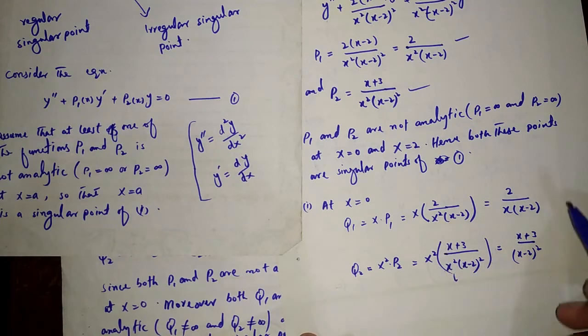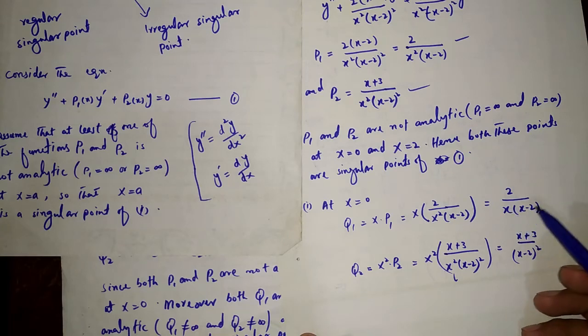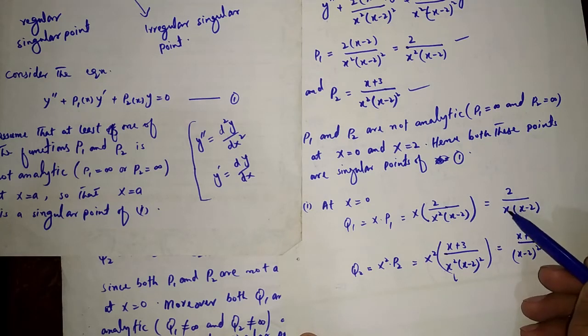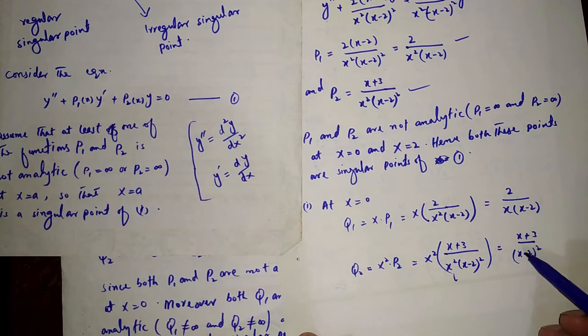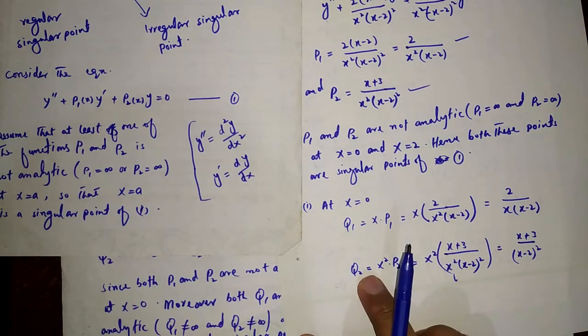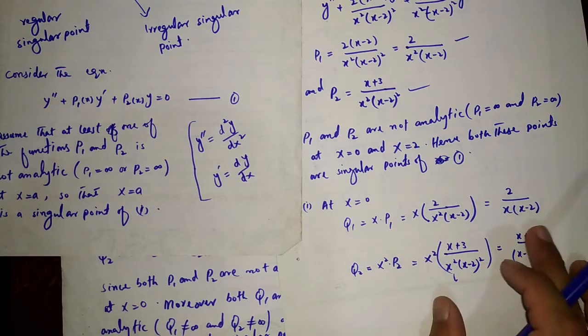Now if you substitute x equals 0, q1 goes to infinity, and for this one, if x equals 0, it doesn't go to infinity.